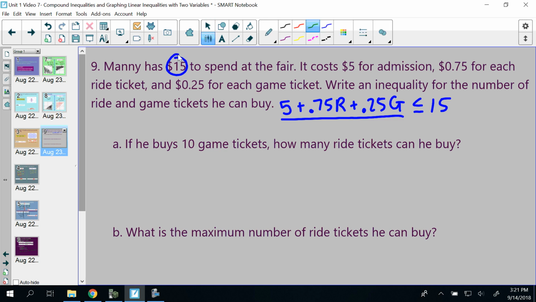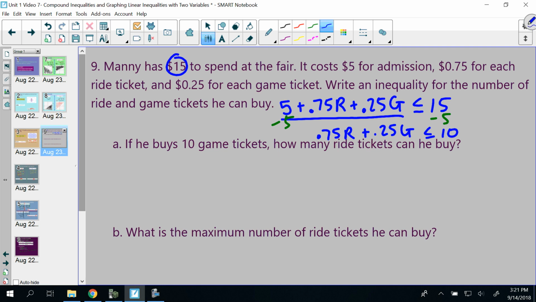Since 5 here is a constant that we can move, let's just go ahead and minus that from the 15. So our inequality is going to be that the rides and the games together have to be less than or equal to $10.